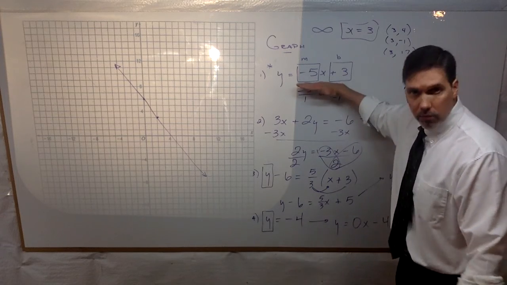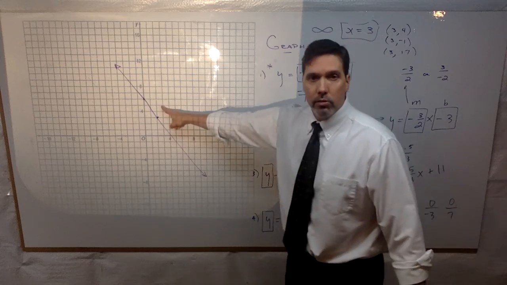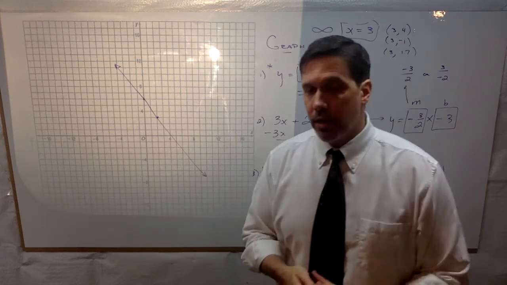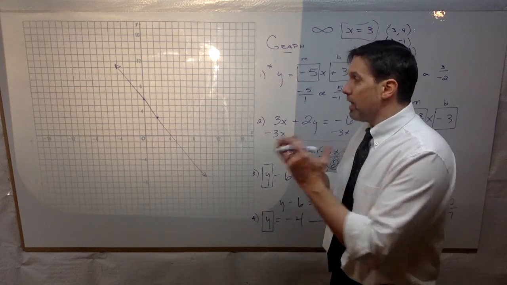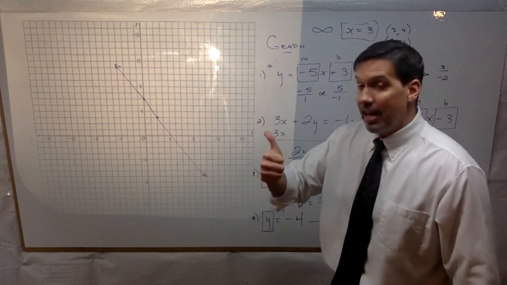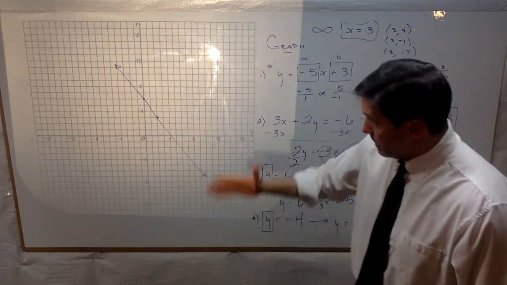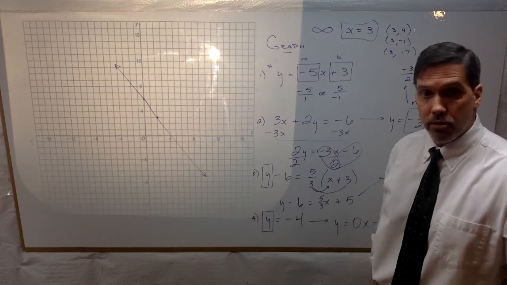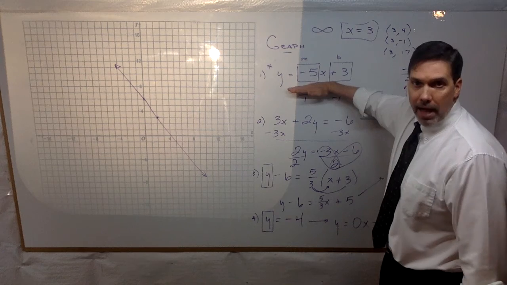Instead of, okay, graph this line for me, y equals negative 5x minus 3, they're giving you the line and they're saying, okay, write the equation of this line. This line has a specific equation to it. How do I know? Well, because this line has a specific y-intercept and it has a specific slope. So if we can identify those two parts, we can kind of reverse engineer an equation back this way.